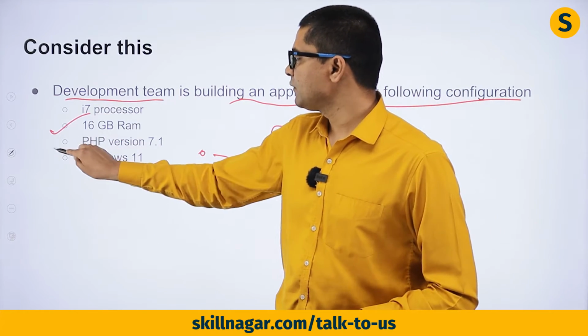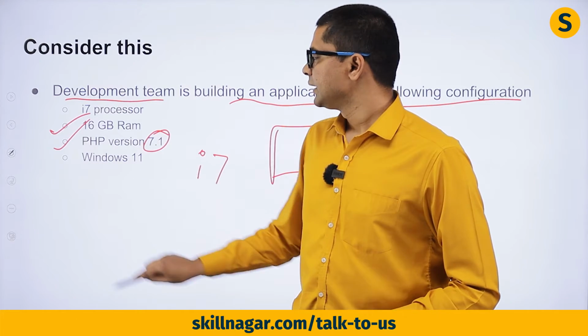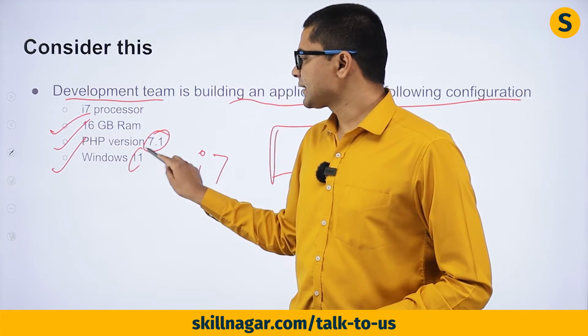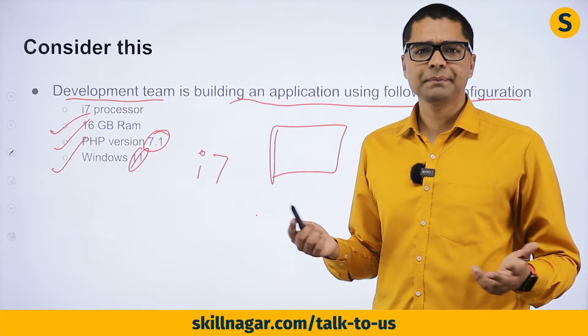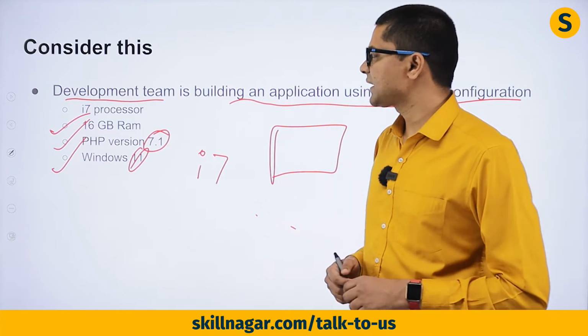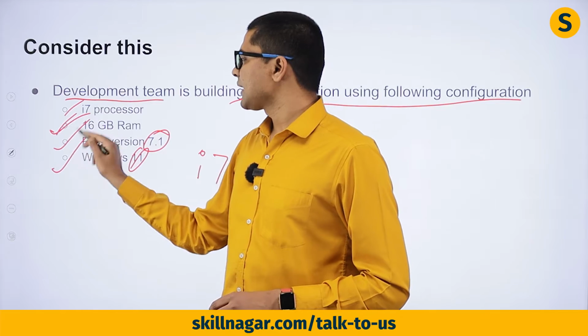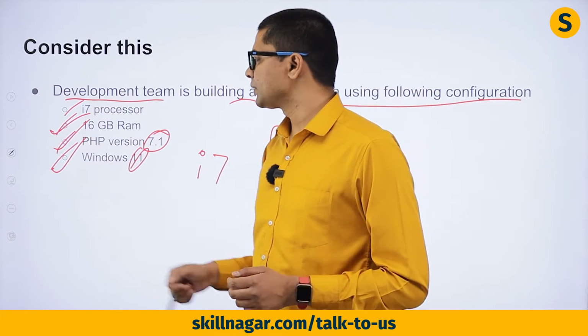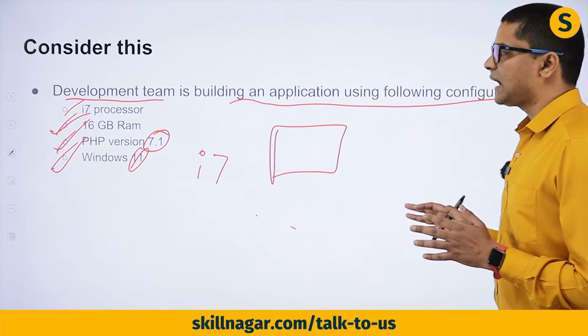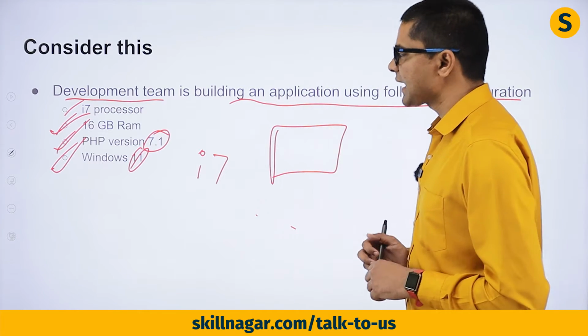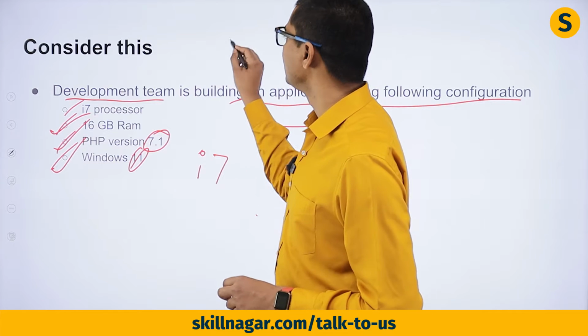Then we have PHP version 7.1 and we have Windows 11. So you can see this is a pretty normal sort of configuration. We have a processor, we have RAM, we have a platform version, and we have a Windows version. This is the environment on which we are developing our application, and it is working smoothly.